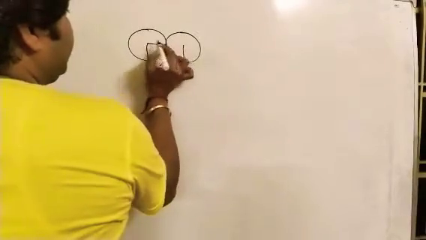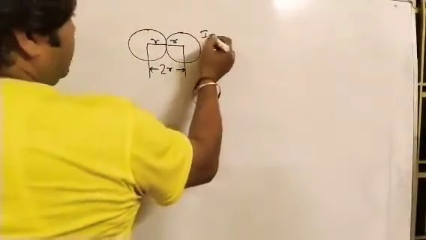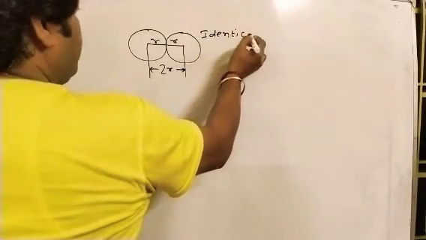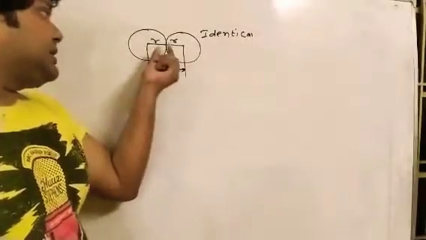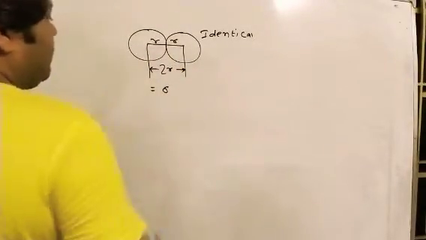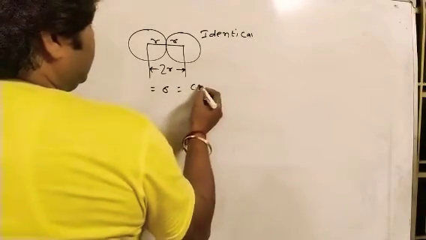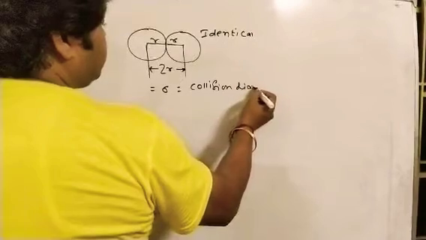Because the radius of each gaseous molecule is r, and we always assume the gas molecules are identical. So the center to center distance between them is 2r, and this is called sigma. Sigma is called the collision diameter.